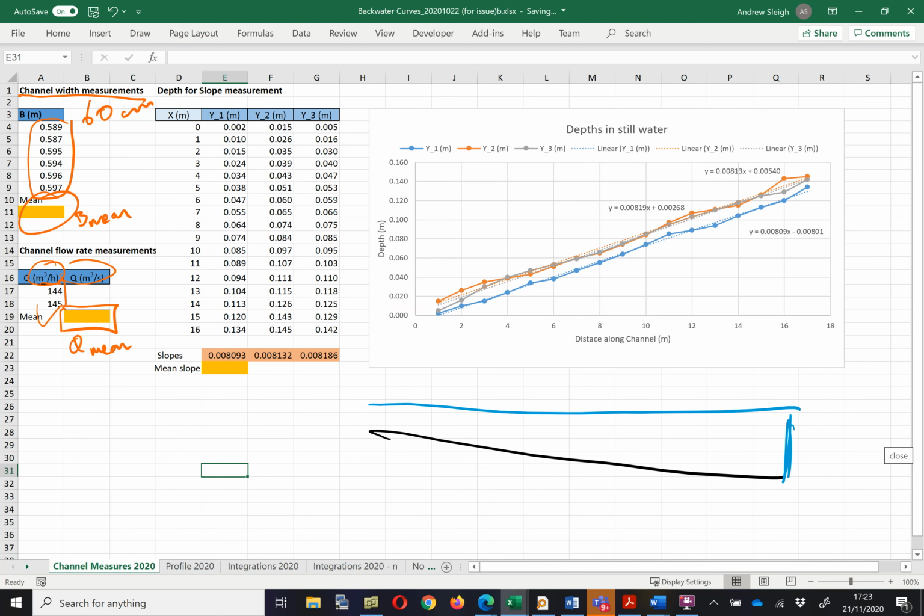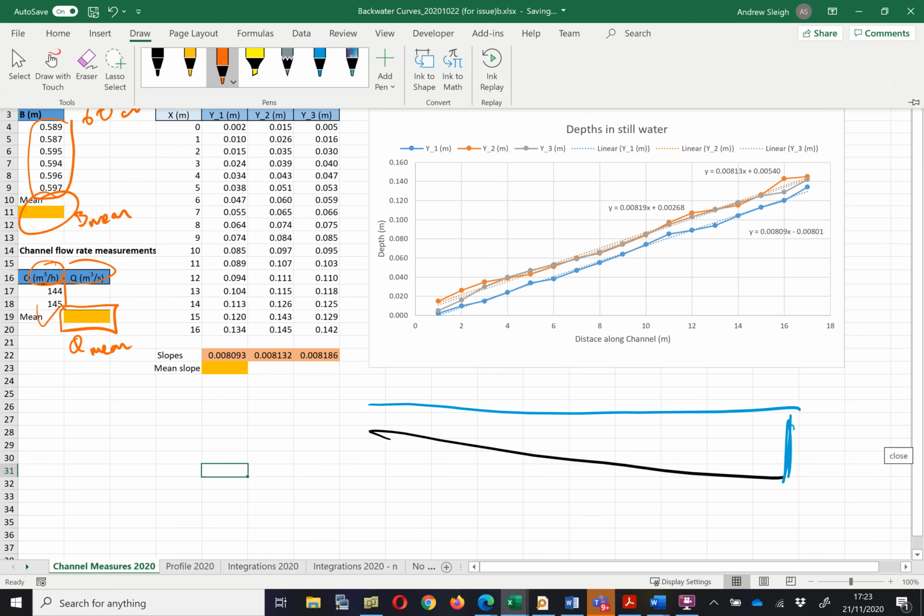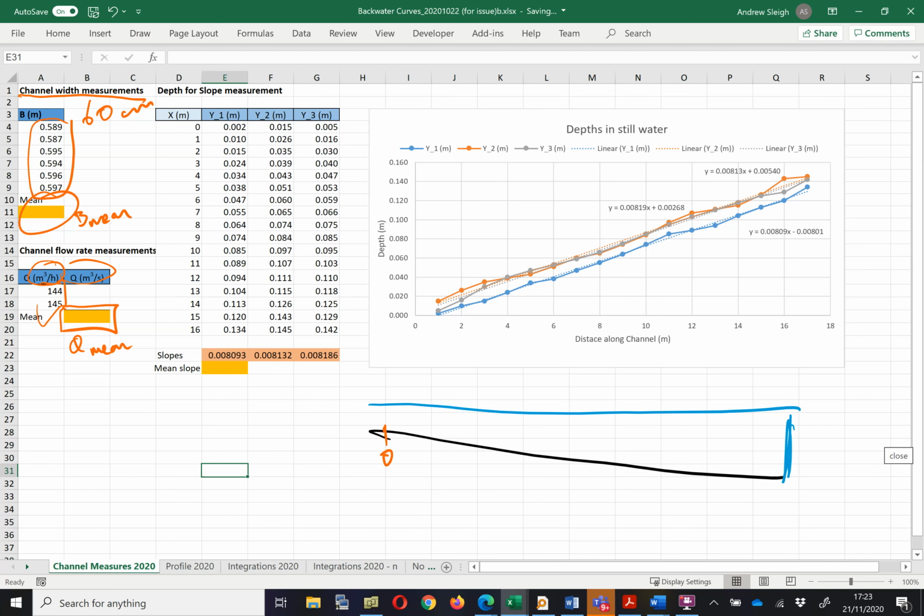Then along the channel, starting from 0 meters down to 16 meters along the horizontal, we measured 16 points of depth, and we did this 3 times.